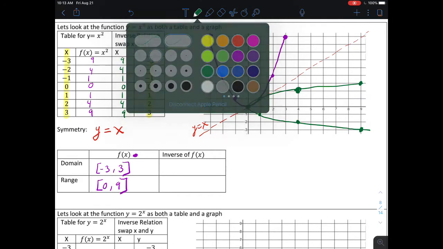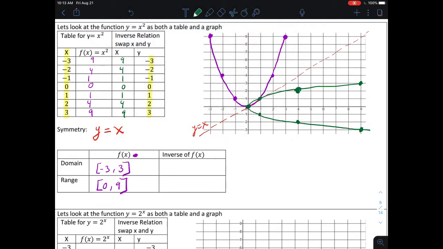If I do the same thing for the inverse function, which was in green, the domain of the inverse function, so the numbers that we were putting into the green graph, which I guess is the x column, goes from 0 to 9.